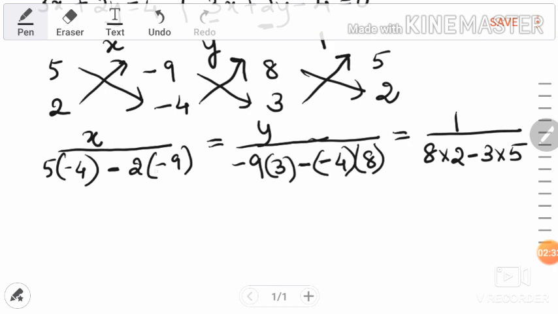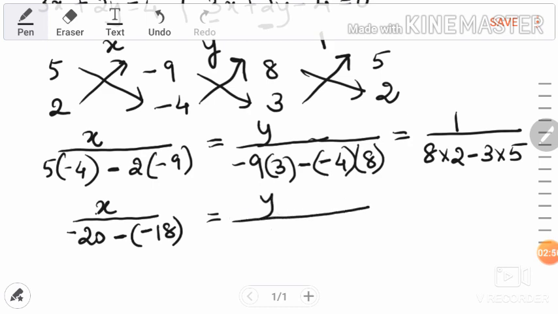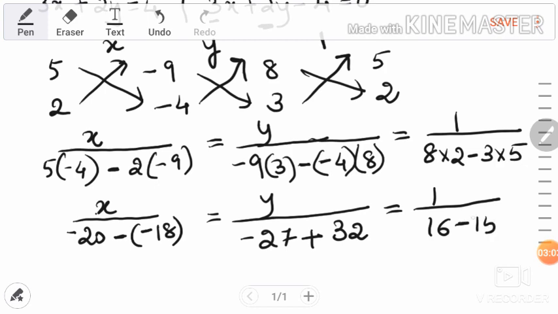But before that, let's simplify the denominators. x divided by -20 minus -18, equal to y divided by -27 minus -32, equal to 1 upon 16 minus 15.